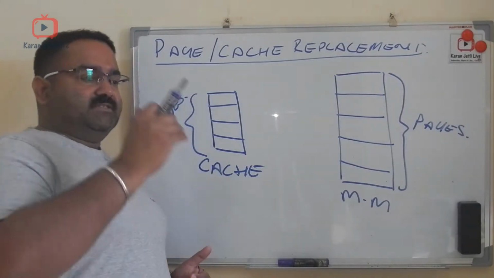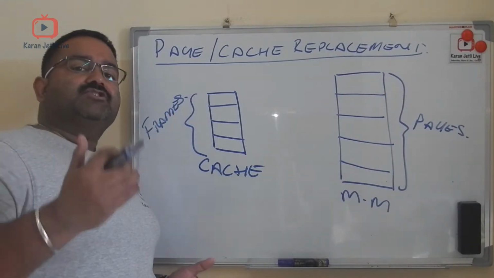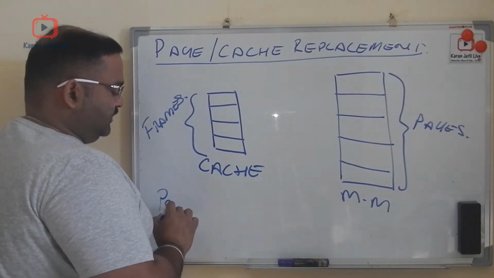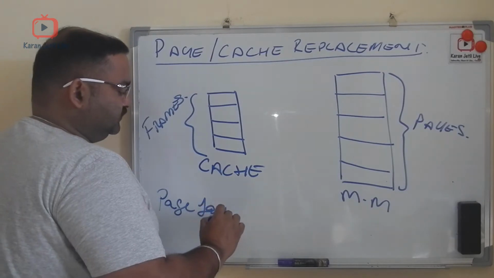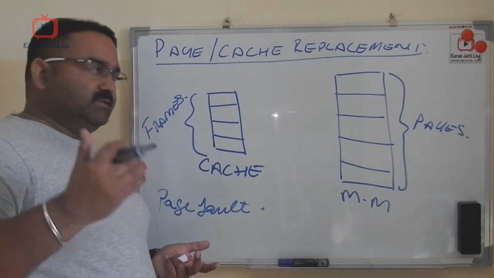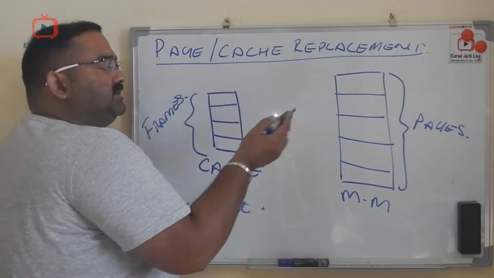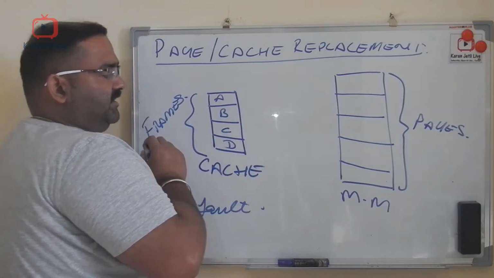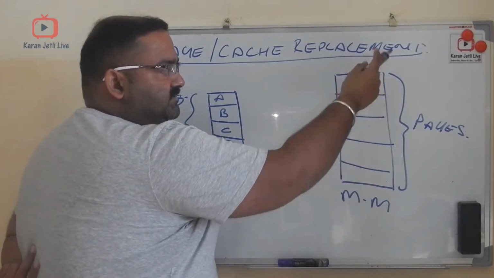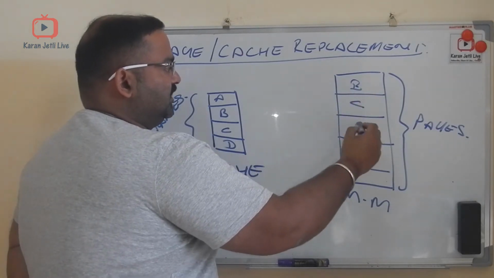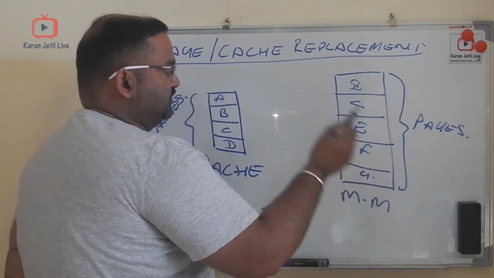Whenever there is a miss, we have a situation called page fault. Now to explain this, suppose these are the pages in my cache: A, B, C, D, and there are some pages in the main memory, for example B, C, E, F, G.